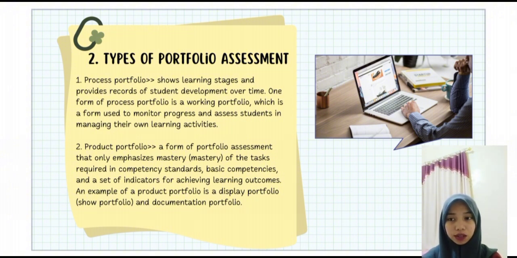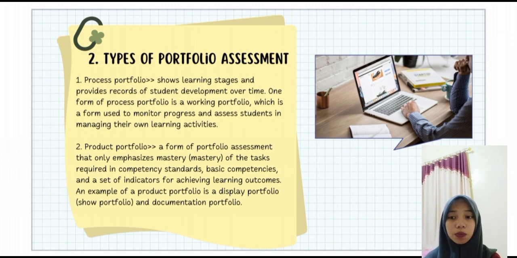Okay, next, types of portfolio assessment. First, process portfolio shows learning stages and records of student development over time. One form of process portfolio is a working portfolio, which is used to monitor progress and assess students in managing their own learning activities.